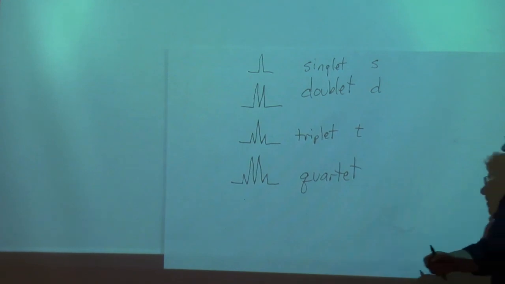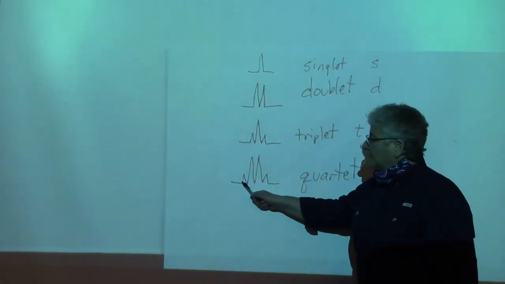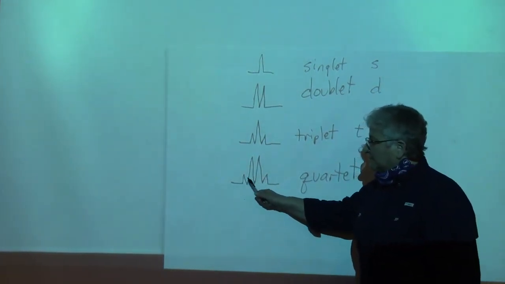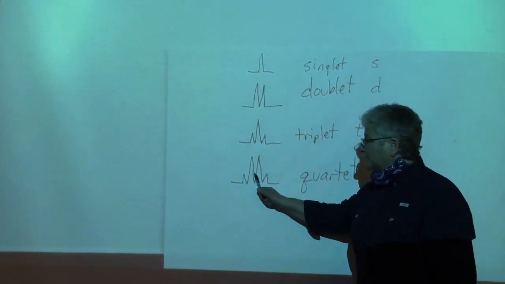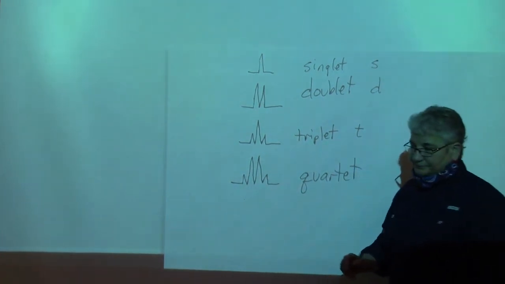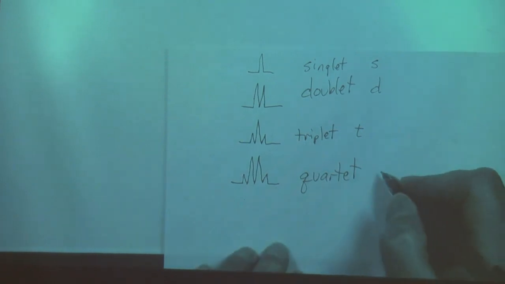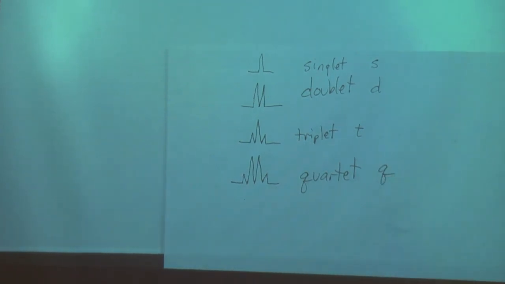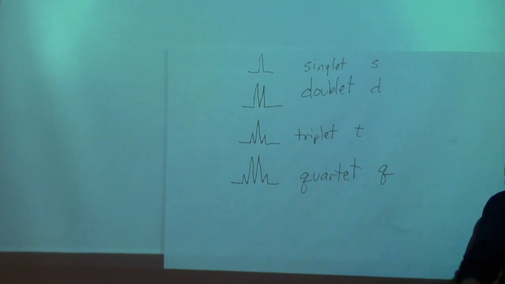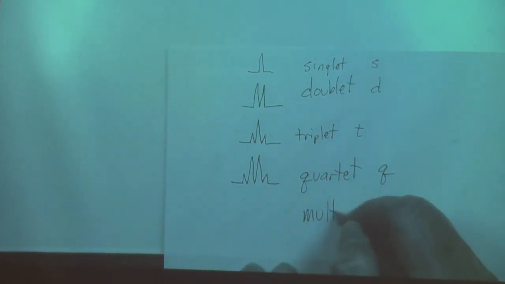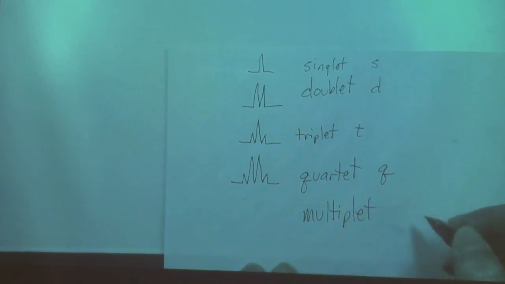A quartet is four peaks in a ratio of 1 to 3 to 3 to 1, and we represent a quartet with a Q. And virtually everything else we simply call a multiplet, and we represent a multiplet with an M.